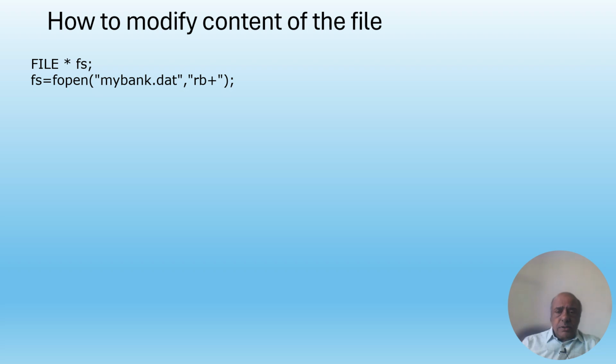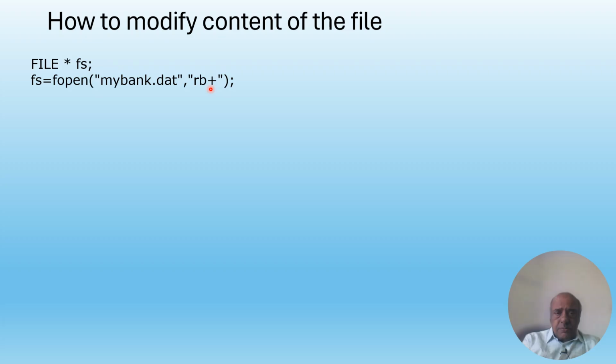Now we go for the program through which we will modify the content of the file. We declare a file pointer fs, and the already available file mybank.dat is opened in rb+ mode. R stands for read, B for binary.